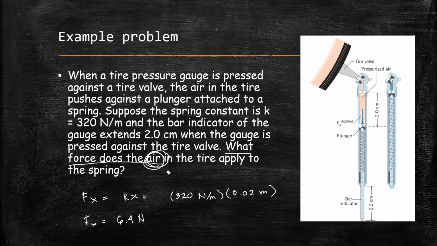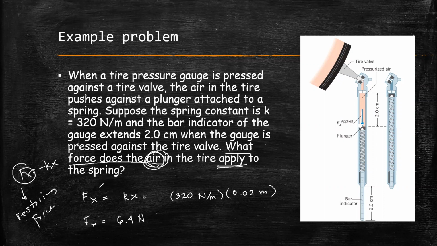Okay? Again, take note that Fx is equal to negative kx, wherein Fx is the restoring force of the spring. And in our problem, the question is what force does the air in the tire apply to the spring?